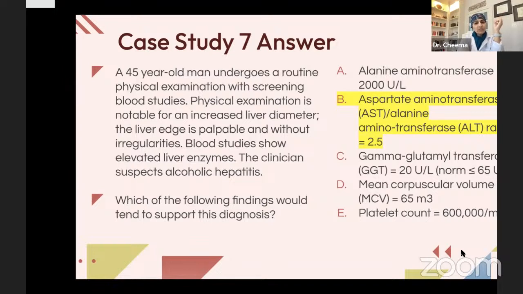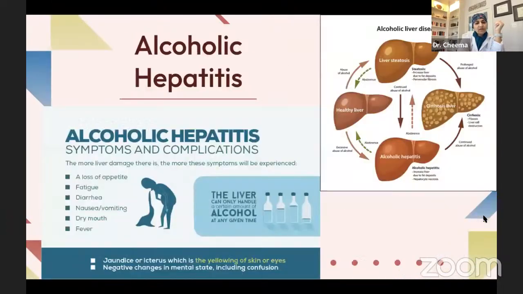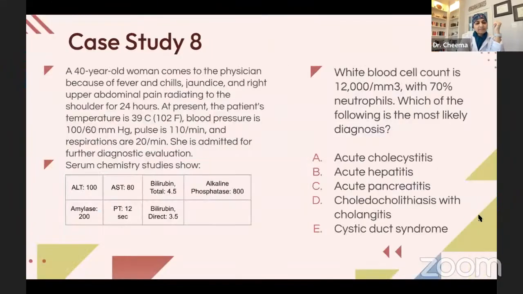And the MCV is frequently elevated and can be used as a marker for alcoholic hepatitis because it gradually returns to normal with drinking cessation. And choice E, the platelet count, is often decreased as a direct toxic effect or secondary to hypersplenism. So in this, we were learning about the diagnosis of alcoholic hepatitis. All right, so let's move on to our next case study.